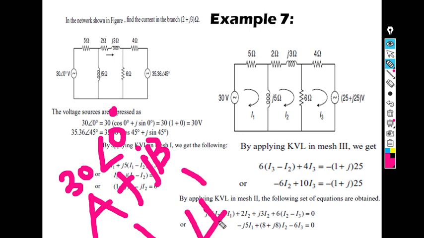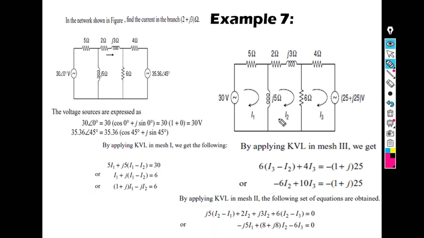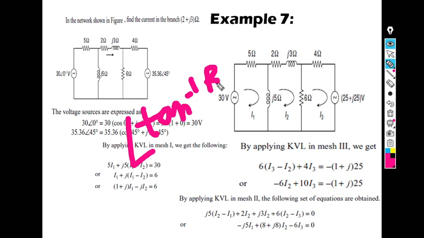What is the angle? Tan inverse B by A. What is the magnitude? Root over A square plus B square.